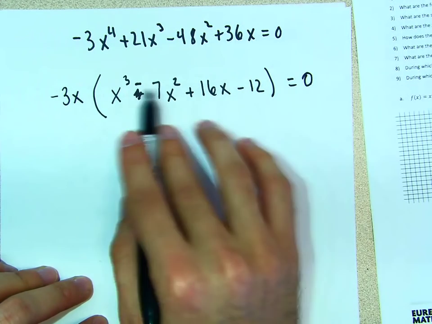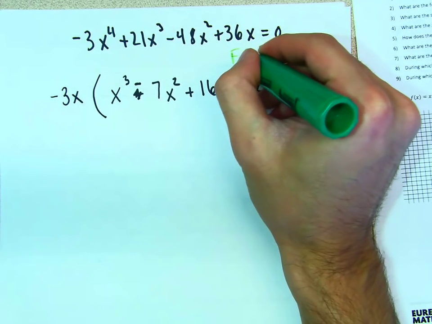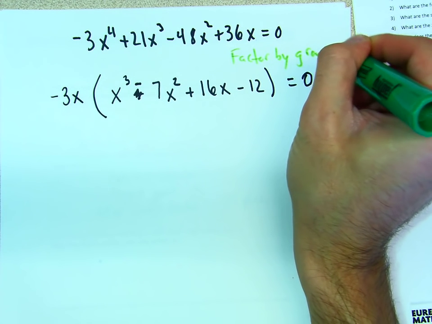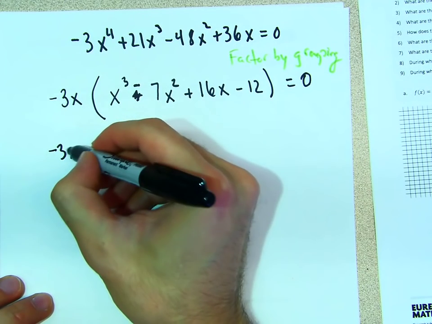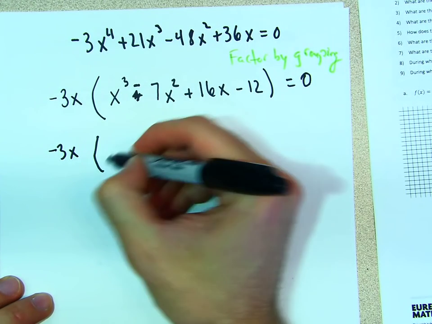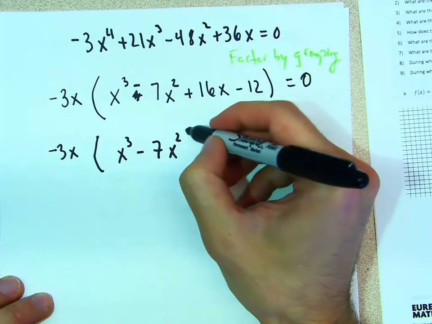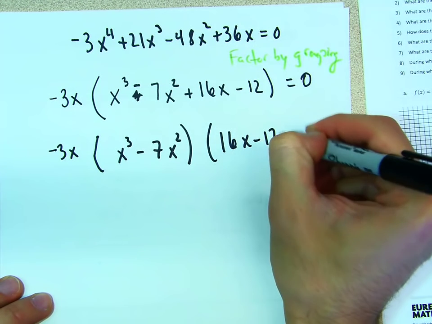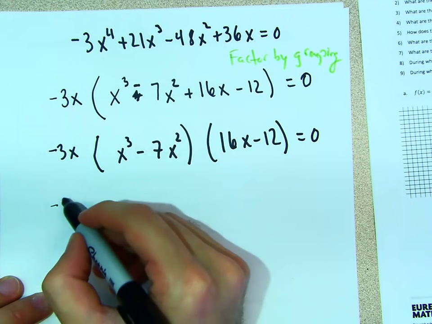Now we need to factor this guy, and notice that we have to do factor by grouping. Let's see if it works. If I have negative 3x, and then x cubed minus 7x squared, so this is my first group. And then I have 16x minus 12, and that's my next group. What's the GCF of this group?